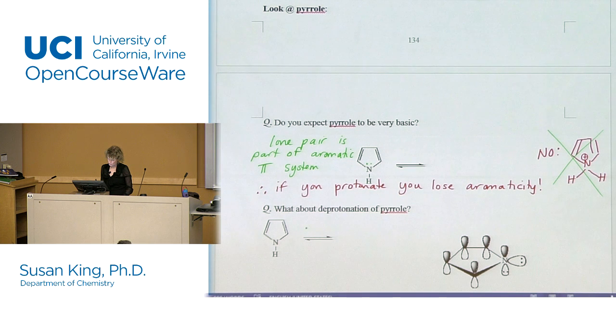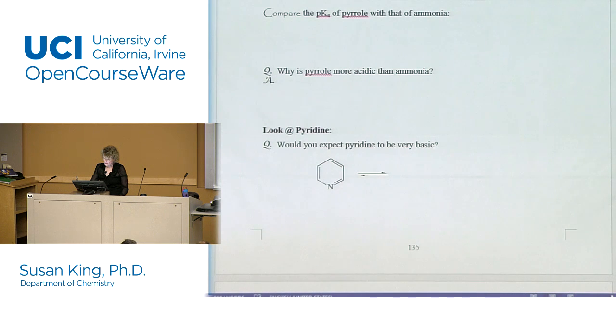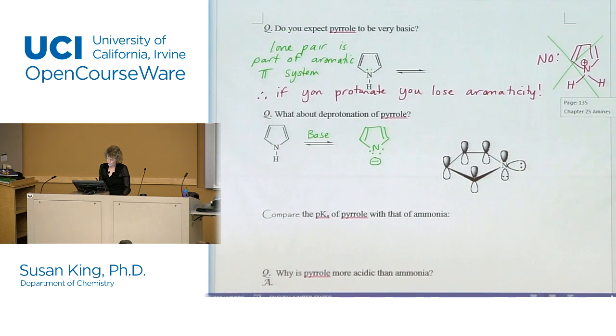So if we take base and we deprotonate, that's going to look like furan. And in fact, we can remove that base. This is pKa approximately 15. We can remove that base.